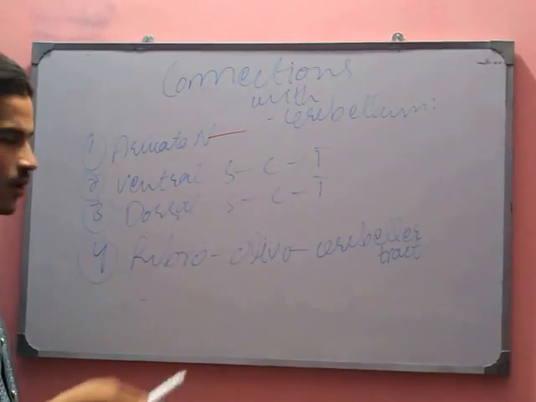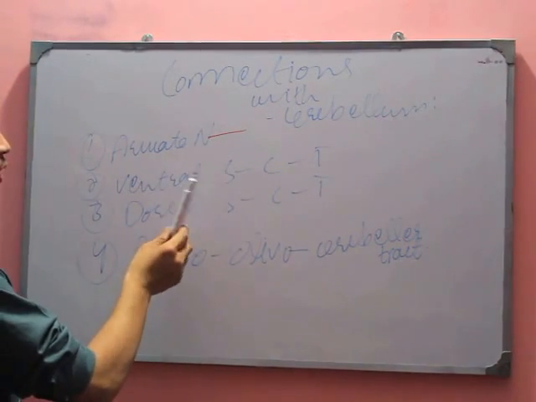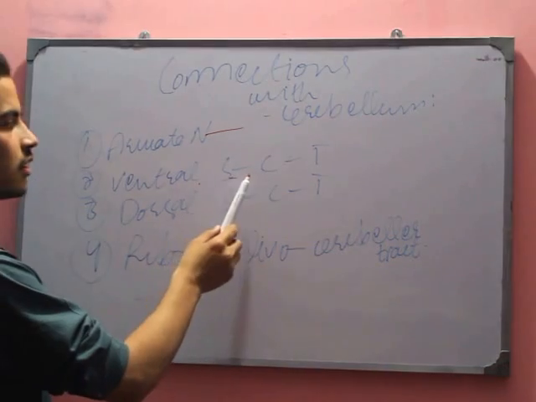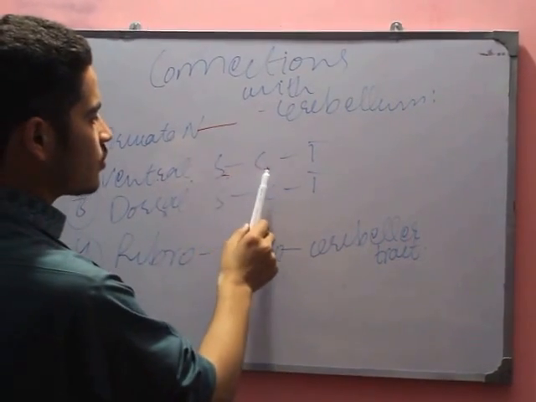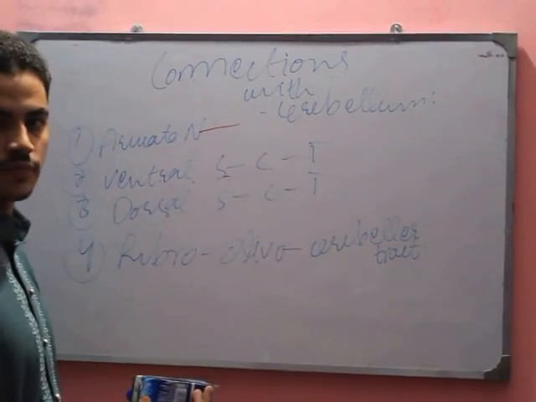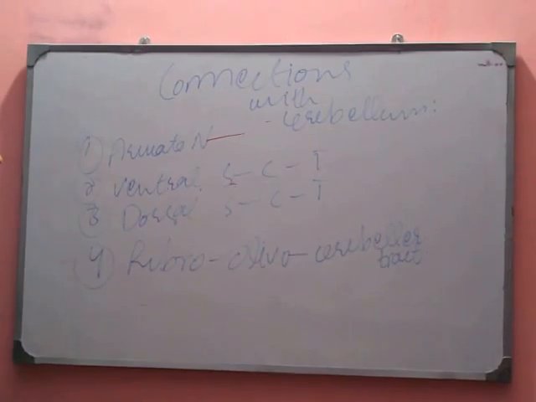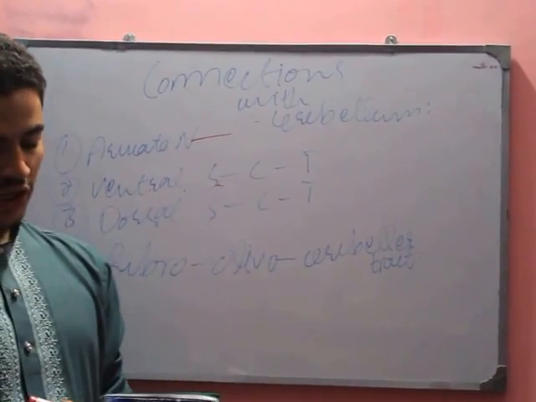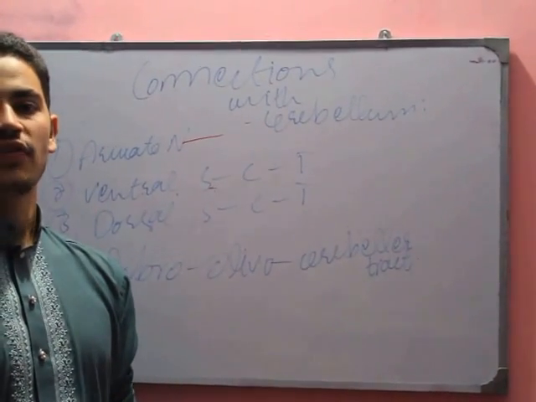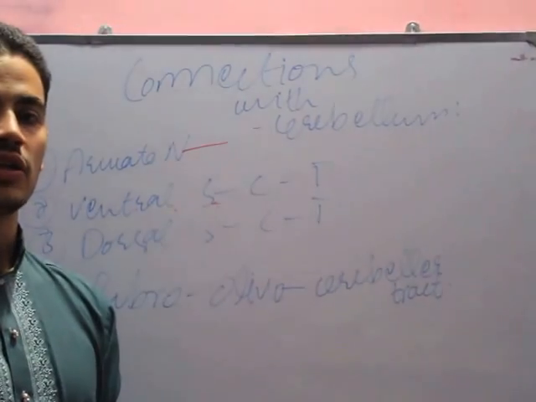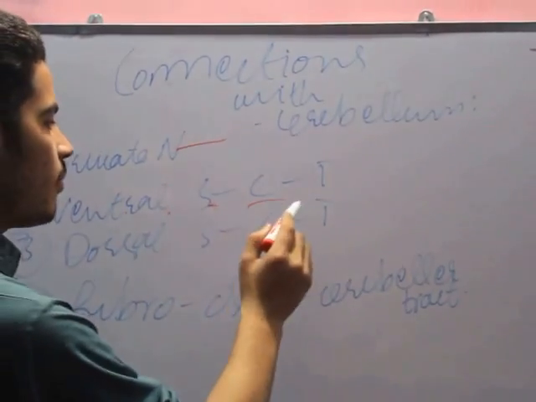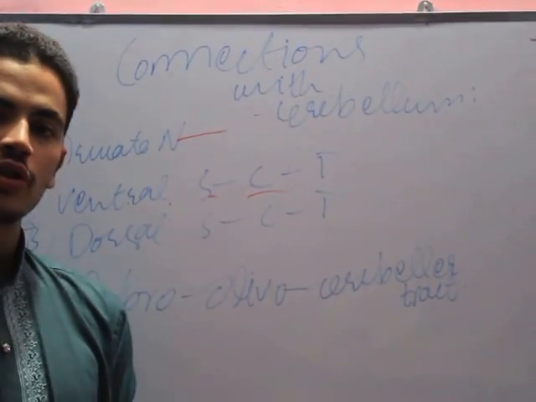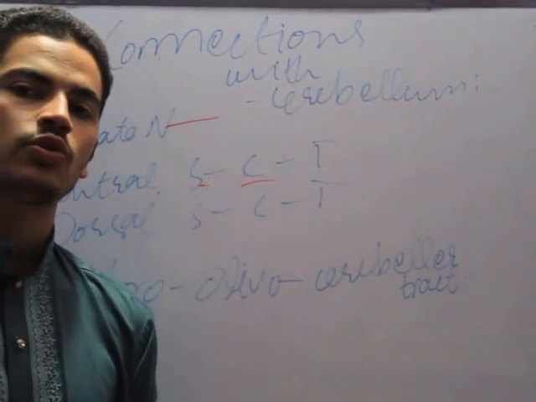Number 2. Now we are talking about ventral spinocerebellar tract. So ventral spinocerebellar tract is coming from your spinal cord to the cerebellum, and this is connection between your spinal cord and your cerebellum.